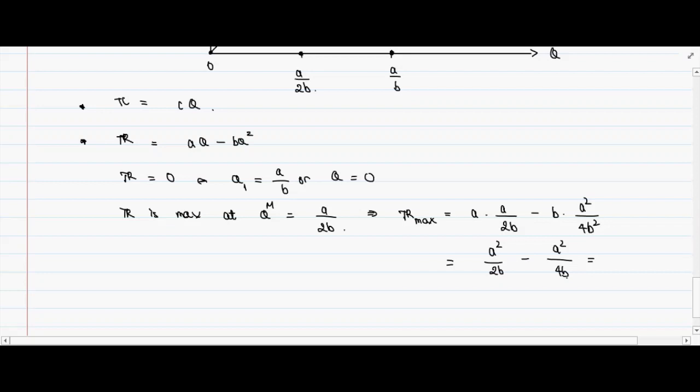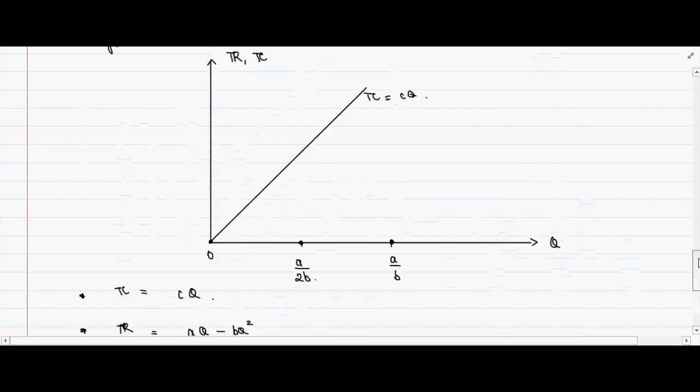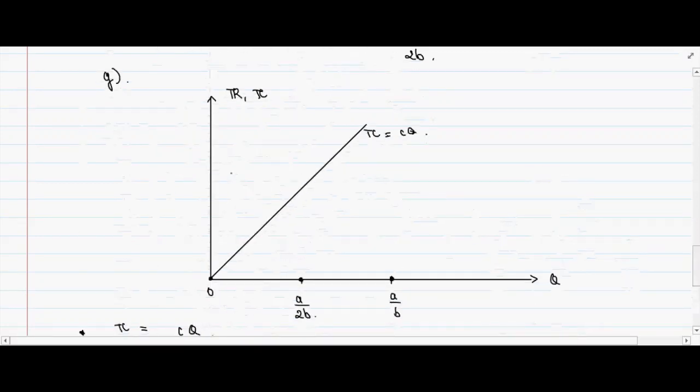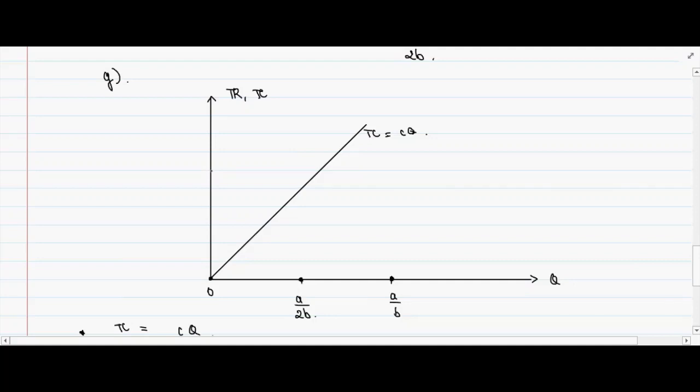And so that is going to be A squared on 4B. Okay, so the value of the total revenue, I would say somewhere here. Okay, so this is A squared on 4B. And so this is the maximum point on my total revenue curve.